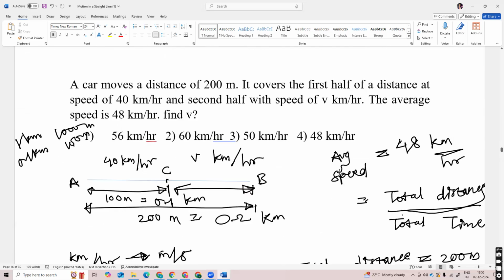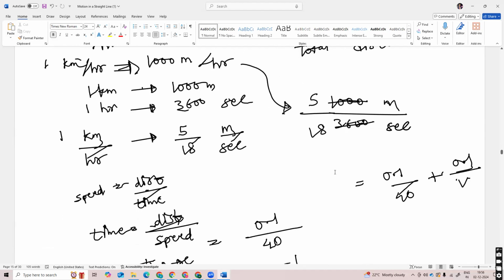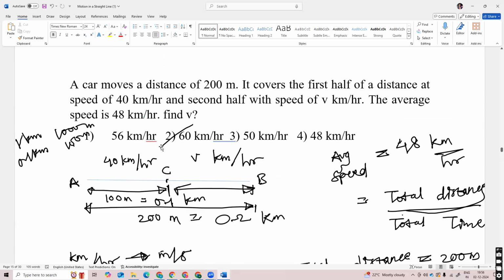Let's see if it is there. Okay, it is there in the answers. So this is how you can solve the different questions. Please tell me if any one of you have any doubt until now.